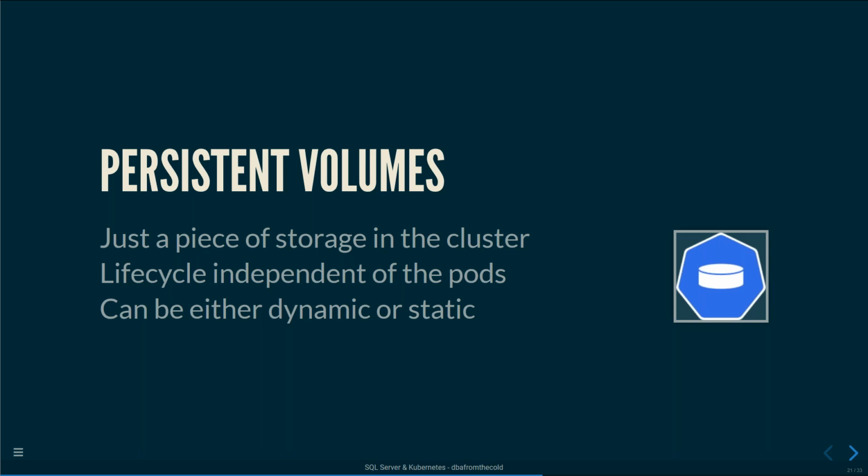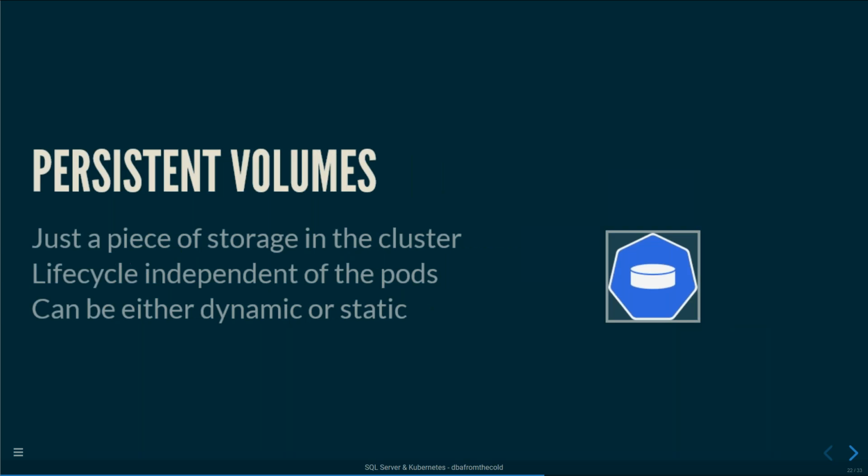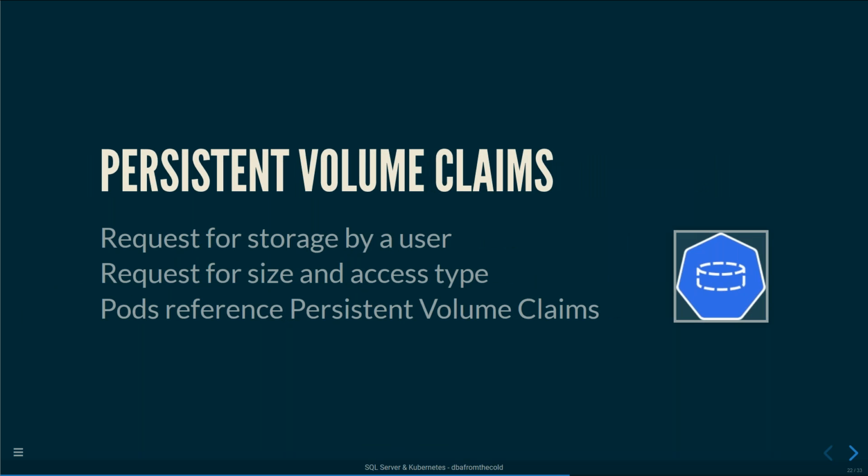Another concept we have to consider with persisting our data for SQL Server in Kubernetes is something called a persistent volume claim. Now, a persistent volume claim is just a request for storage by a user, such as myself. And I request things like size and access type. So I say how many gigs I want and say read write once.